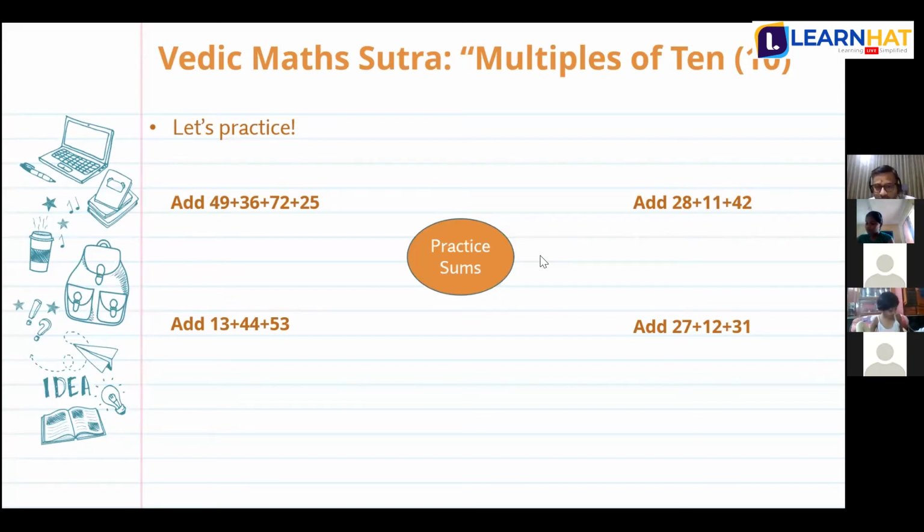I repeat the concept again: group all your ones, group all your tens, so that you get multiples of tens, so that you can get the answer easily. Take one sum and try it, so that you remember this concept. Note it down; other practice sums you can try after the class, so that you will be familiar with this concept.